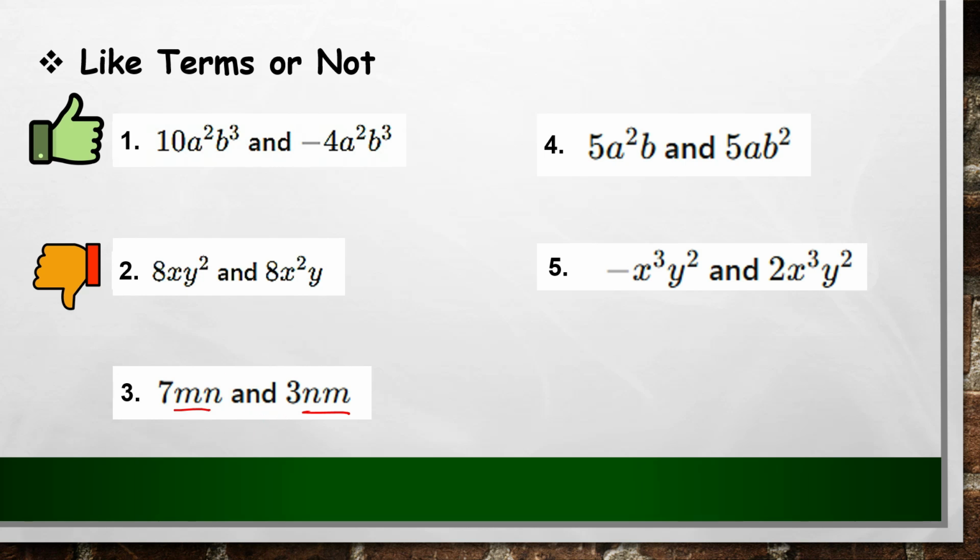So we can consider number 3, those two terms, as like. Number 4, that is correct. They are not. Number 5, that is correct. They are similar. The x's have an exponent 3, and the y variables have exponents 2. Alright.